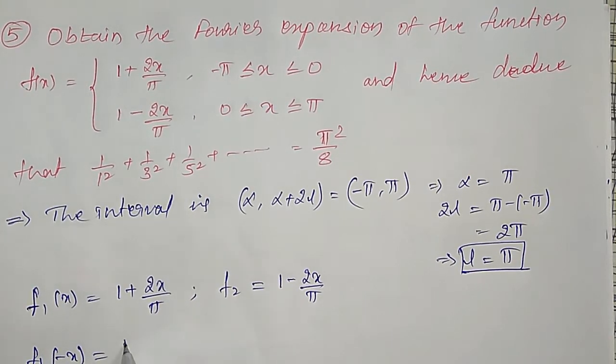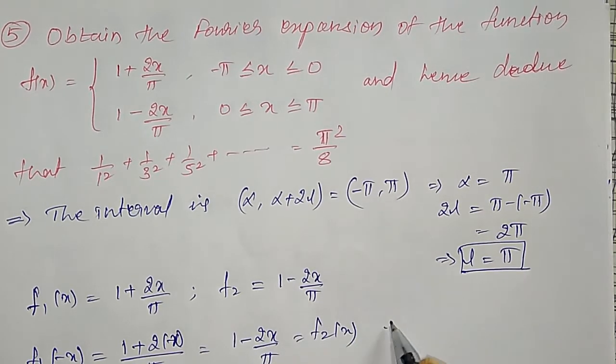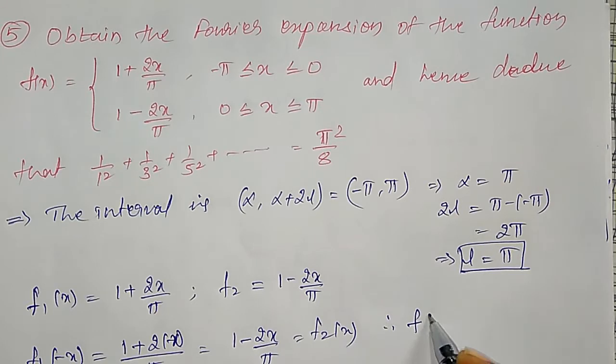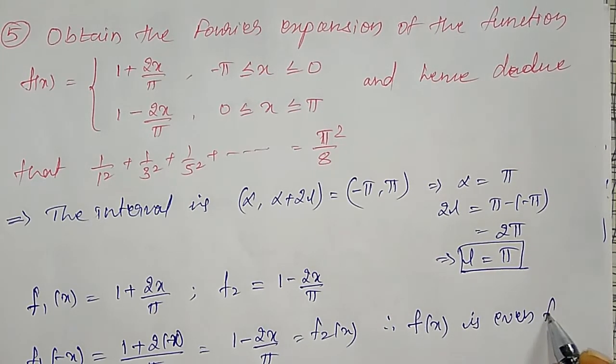Then I am going to get 1 plus 2 into minus x divided by pi. That is nothing but 1 minus 2x by pi, which is equivalent to the second function f2 of x. Therefore I can write f of x is an even function.